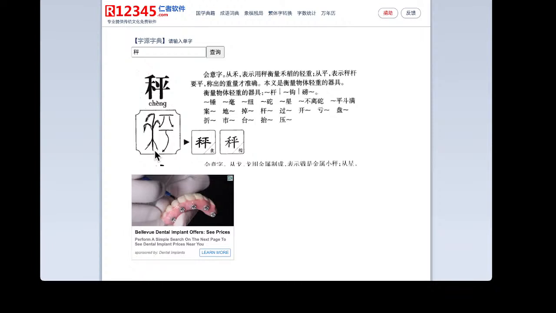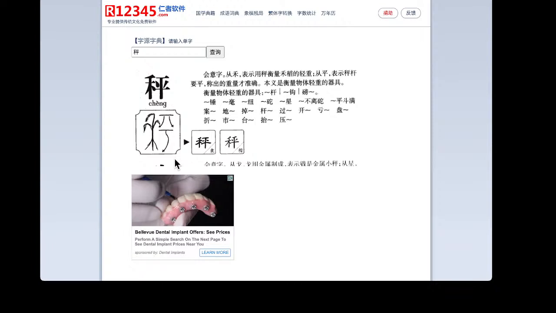So on the right hand side is the character 平. Okay, 平 means level. So obviously, the steelyard, the scale, its most common use is measuring crops like rice or wheat, that kind of thing.